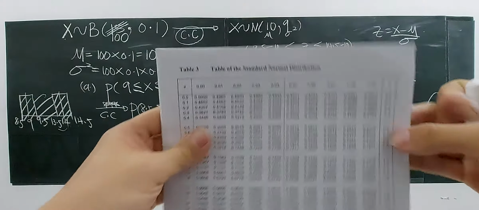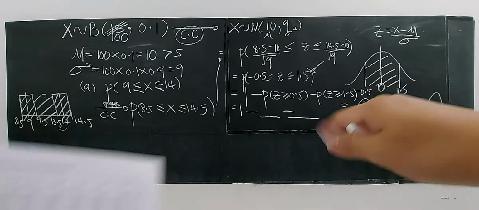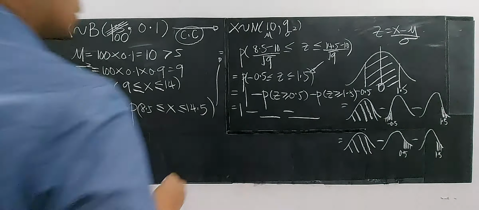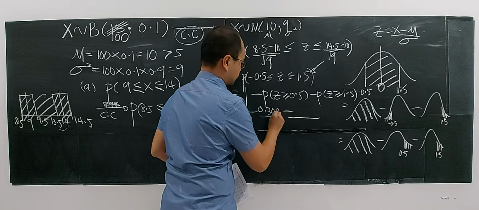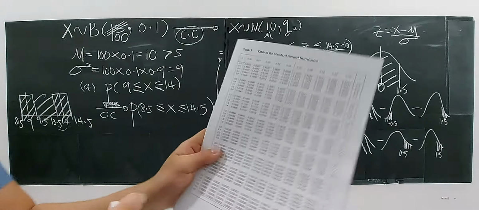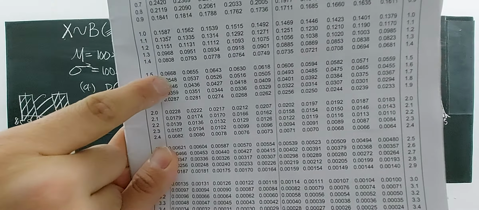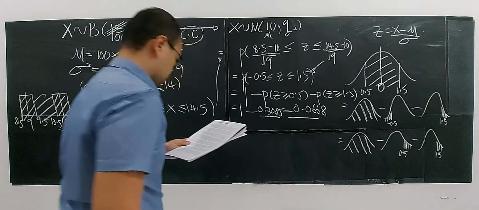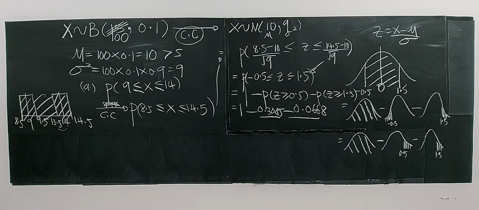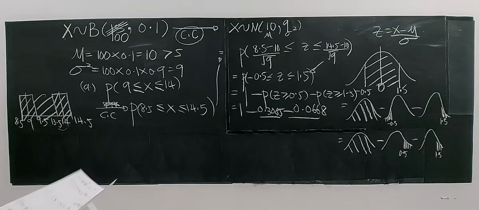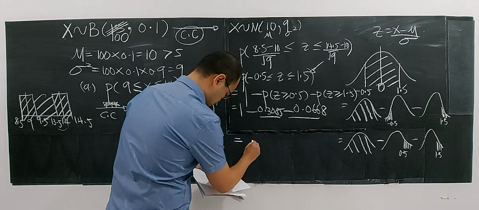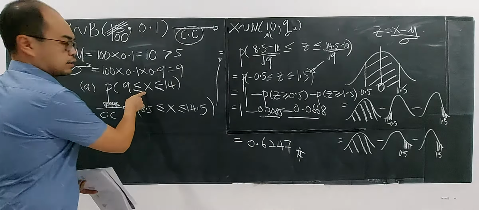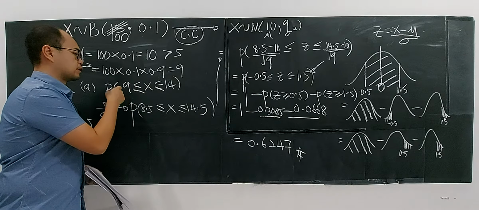So 0.5 is 0.3085, and 1.5 is 0.0668. Later on, when you calculate, you get the probability of 0.6247 for the number of patients from 9 to 14.